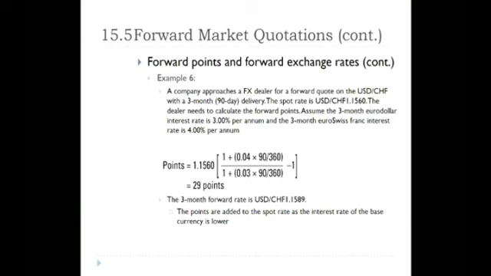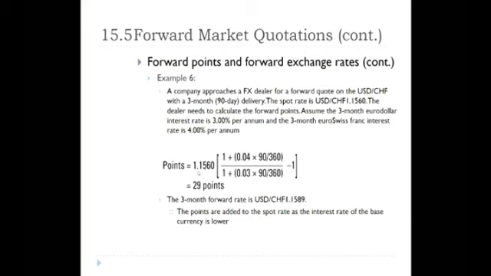Cool. So you can see here, 0.04 multiplied by the fraction for holding, 0.03 multiplied by the fraction for holding. We add it to 1. Why? Because we're accounting for the initial amount and the change. We multiply it through and we have our points.